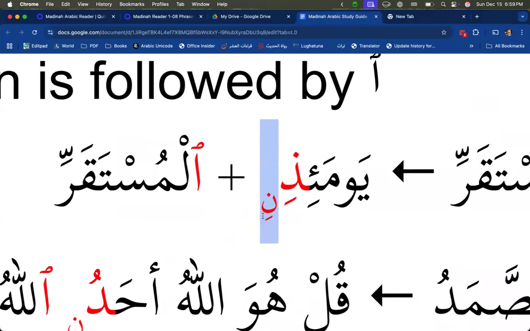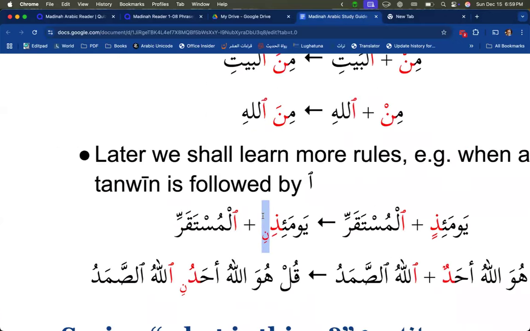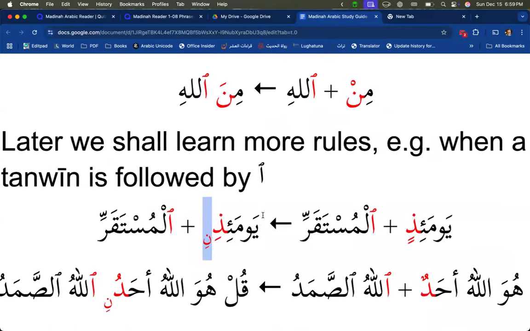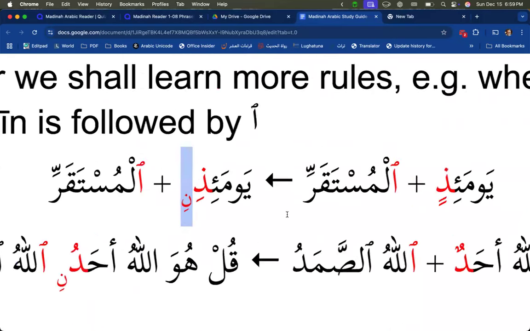It's called the noon of, it has a name. I forget the name. In the Desi Mus'haf. You know the Desi script? Yeah. You know what I'm talking about? Okay, I'll explain later. Good.